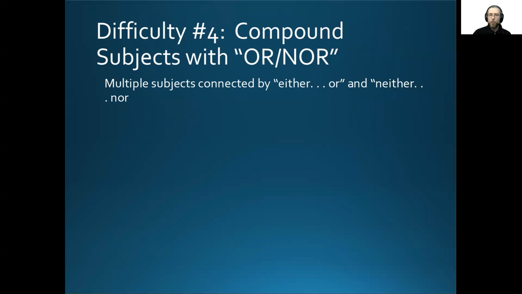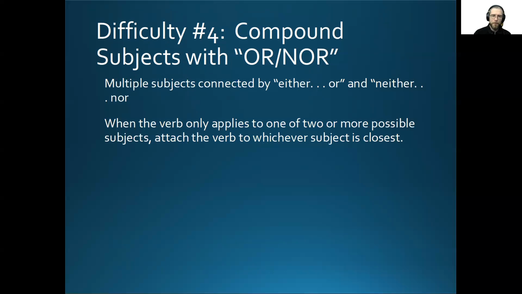When you have multiple subjects connected by either or, neither nor, the rule is that when the verb only applies to one of two or more possible subjects, attach the verb to whichever subject is closest. Now that sounds complicated, but it will make sense when you see some examples.